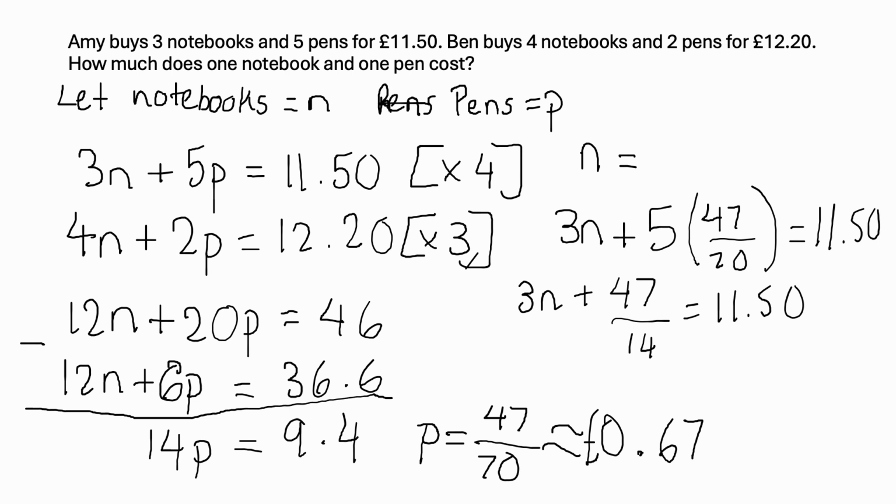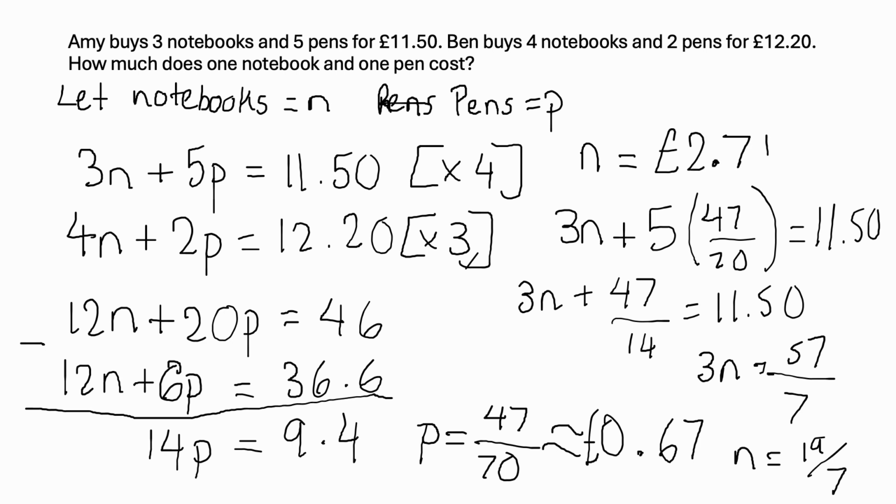So 11.5 subtract 47 over 14 gives 3n is equal to 57 over 7. And then to eliminate that 3, we divide both sides by 3. n is equal to 19 over 7, which is roughly £2.71.